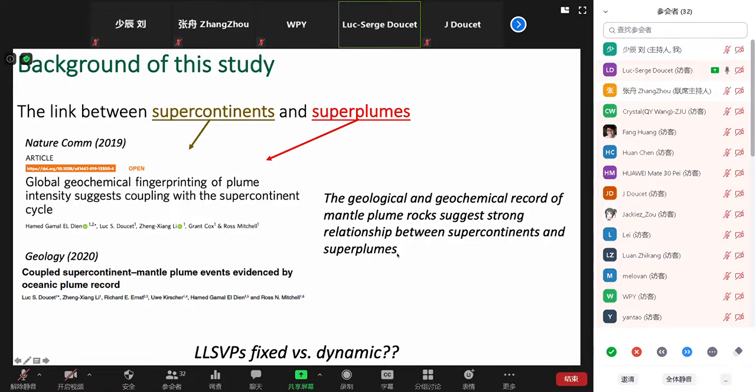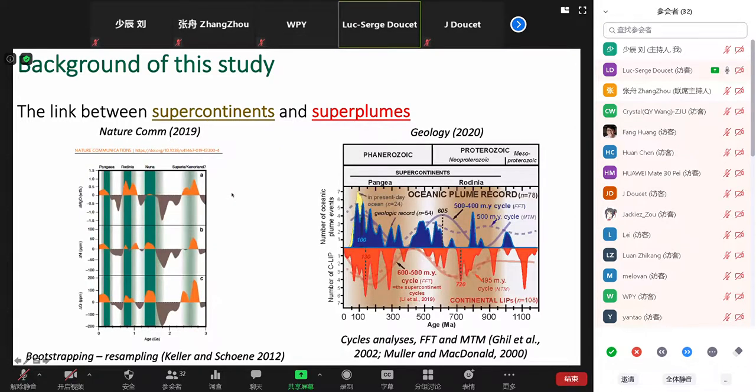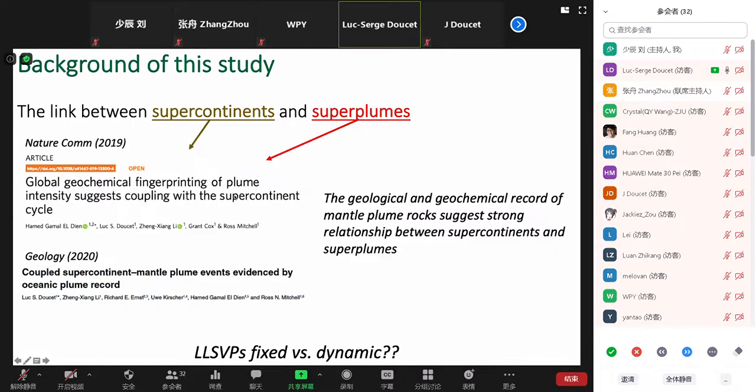So the geological and geochemical record of the mantle plume suggests a strong relationship between the supercontinent and the superplume. Here are the main results for these two papers.